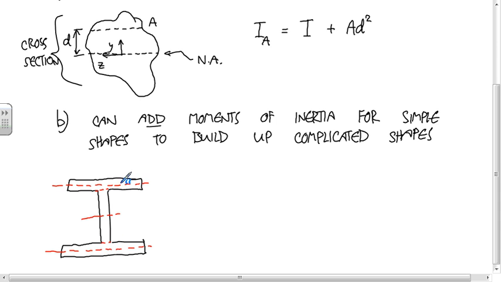And so we'll use the formula to get each about its own neutral axis, then the parallel axis theorem to figure out what the moment of inertia of the top rectangle would be about the true neutral axis, and then finally add up all those pieces.